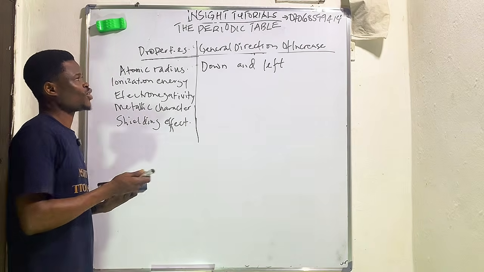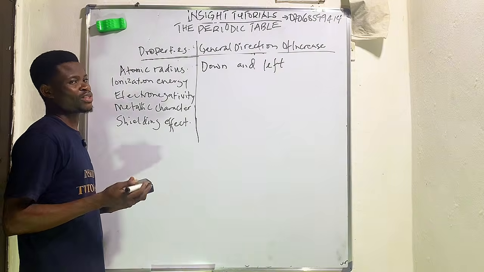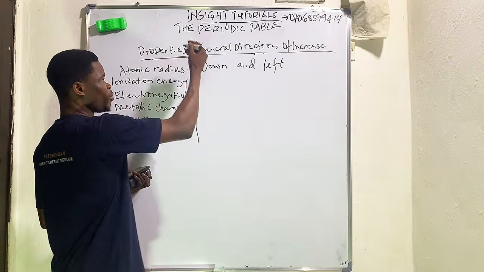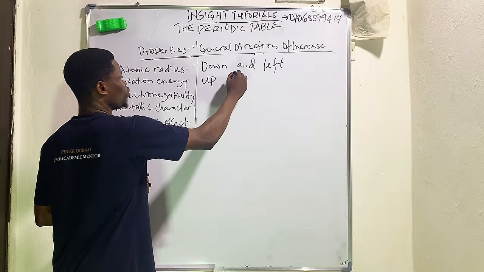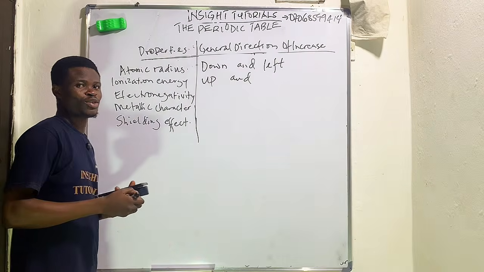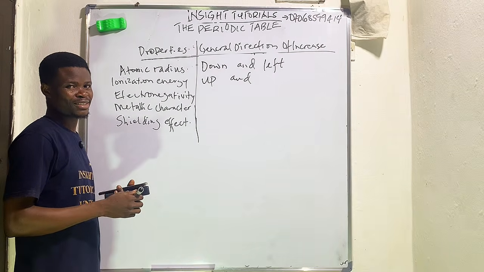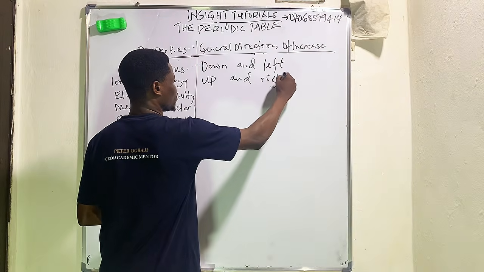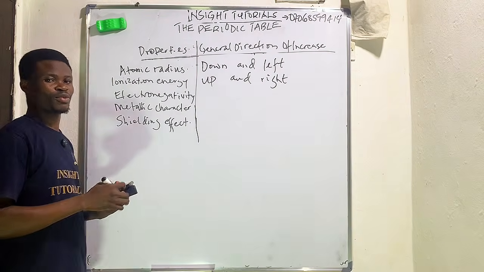Ionization energy, can you tell me the direction of its increase? Down the group, it decreases, so it will be up the group. And where else do you think? Yes, you're right, it increases towards the right of the table.